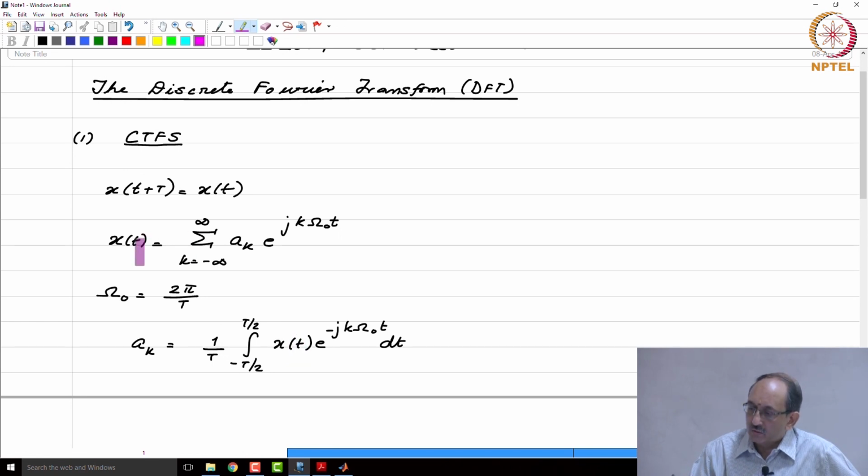Therefore, this representation of x of t as a sum over all k of a k e to the j k omega naught t is nothing but the Fourier series expansion, which is another illustration of expressing a signal or a vector in terms of the components that constitute the basis for that space. In this case, the space happens to be infinite dimensional.